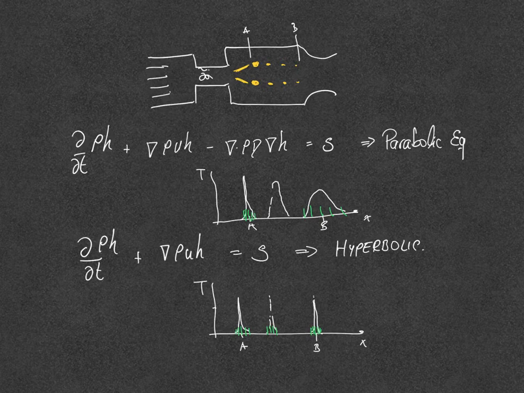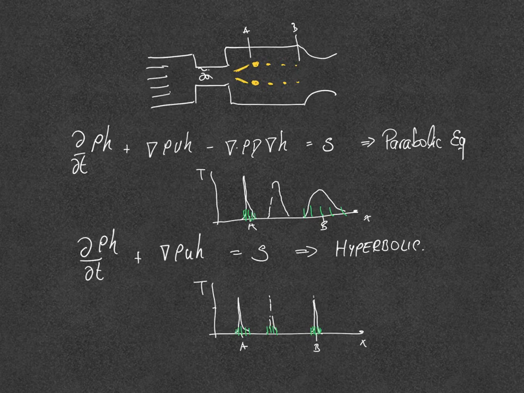Also, these hyperbolic equations allow for discontinuous solutions. Imagine you have a step like this, and this step will be maintained, so you will have a discontinuity that doesn't disappear, and this is very critical for designing an adequate numerical discretization method.